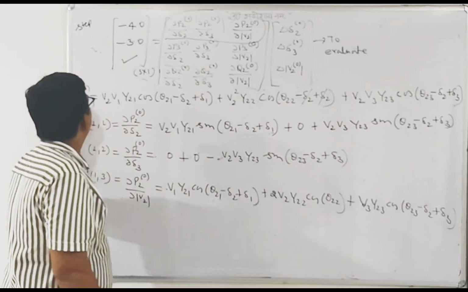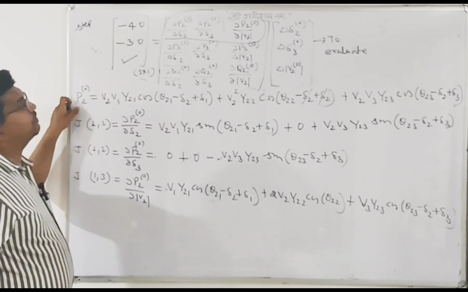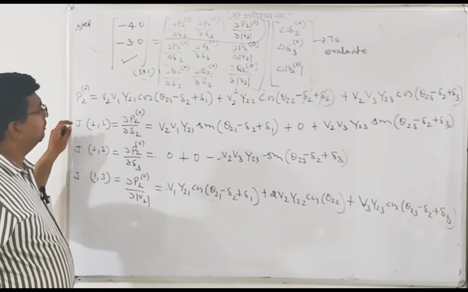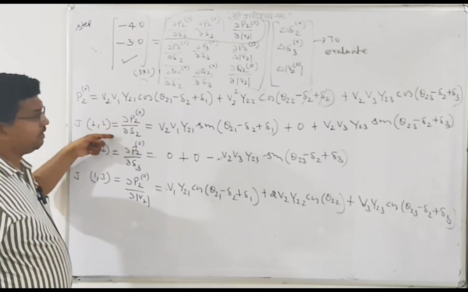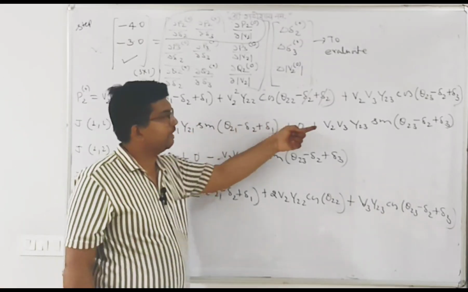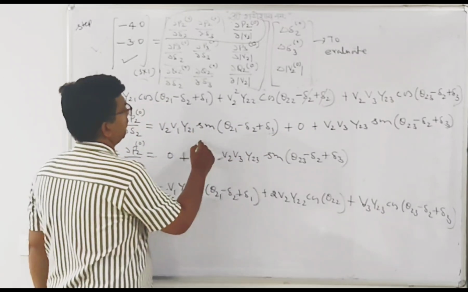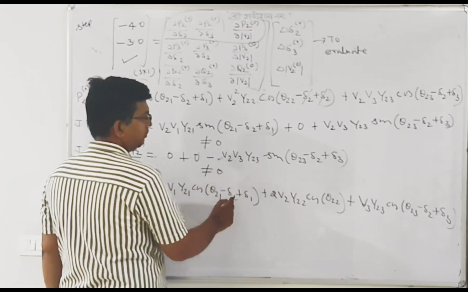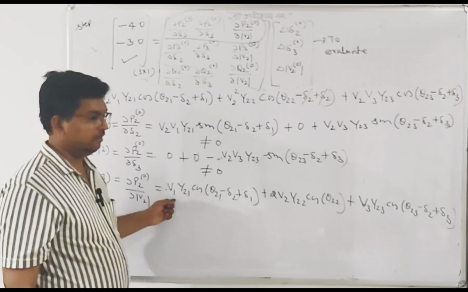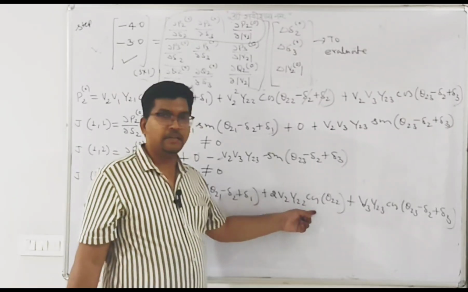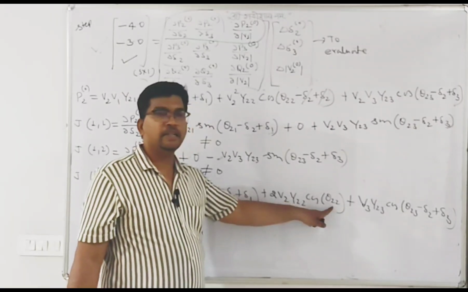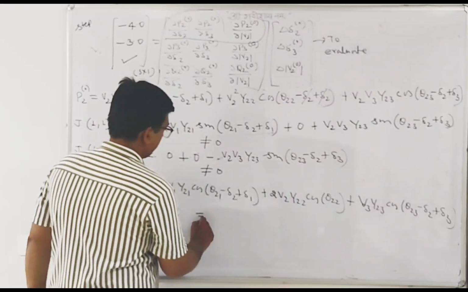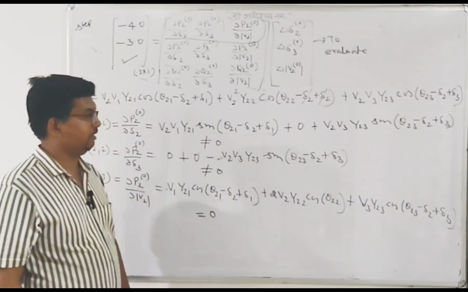So finally we have to determine P20 with respect to delta 2. Similarly, when we differentiate this, it becomes sine, this becomes sine. So here this term will not be equal to 0. This will also not be equal to 0. But here they are cosine terms, and the cosine of theta at 90 degrees or 1.57 is 0. So here this term will become 0. That is the important thing.